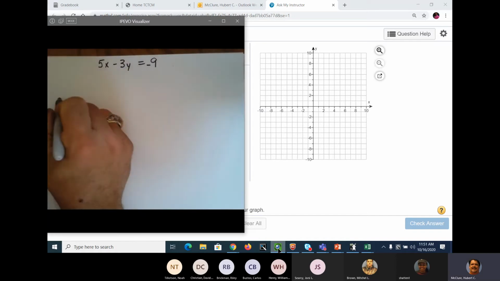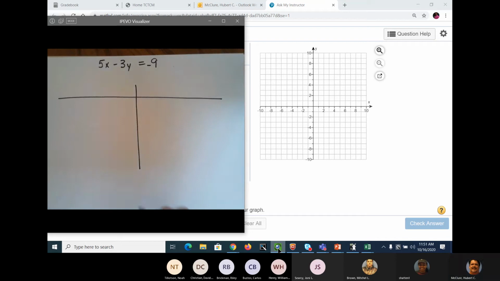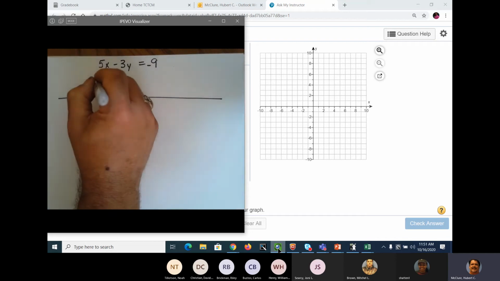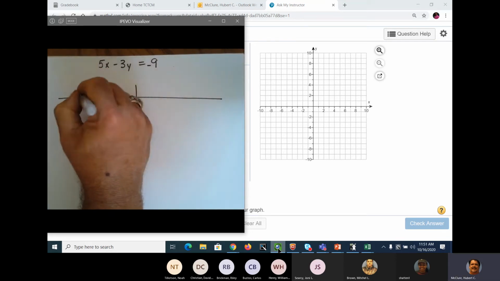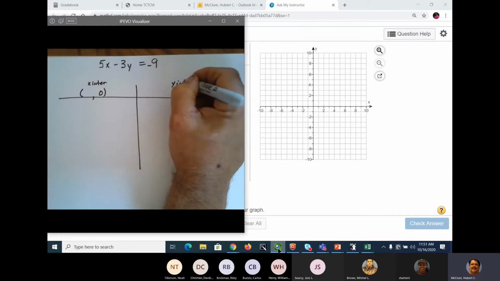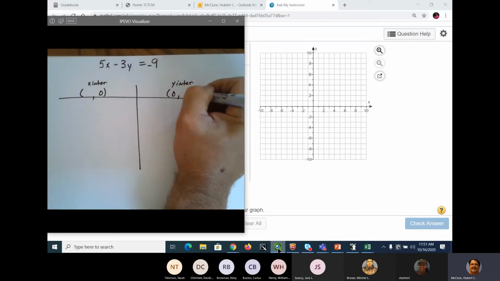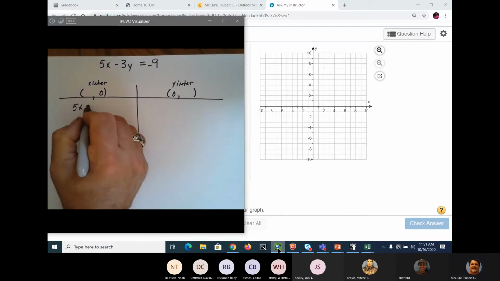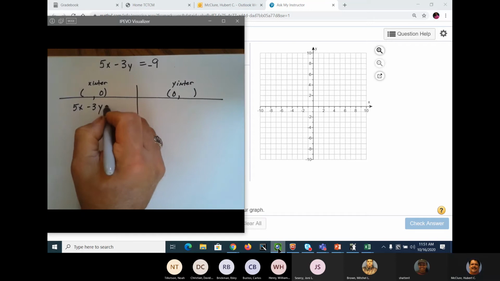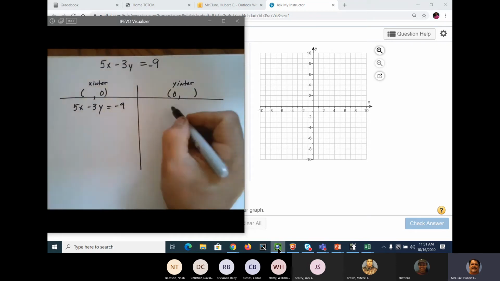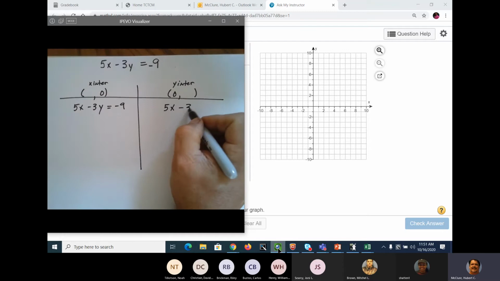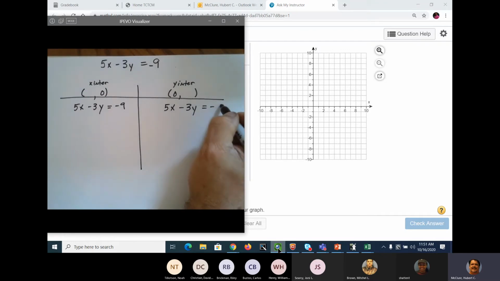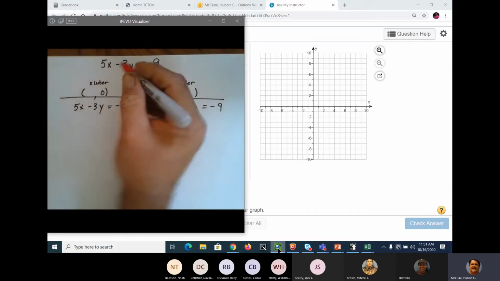I'm going to draw a BA table, x-intercept, and y-intercept. 5x minus 3y is equal to negative 9. All right, I want y'all to do it. And then we'll do it together after y'all do it. I'll give you a minute.